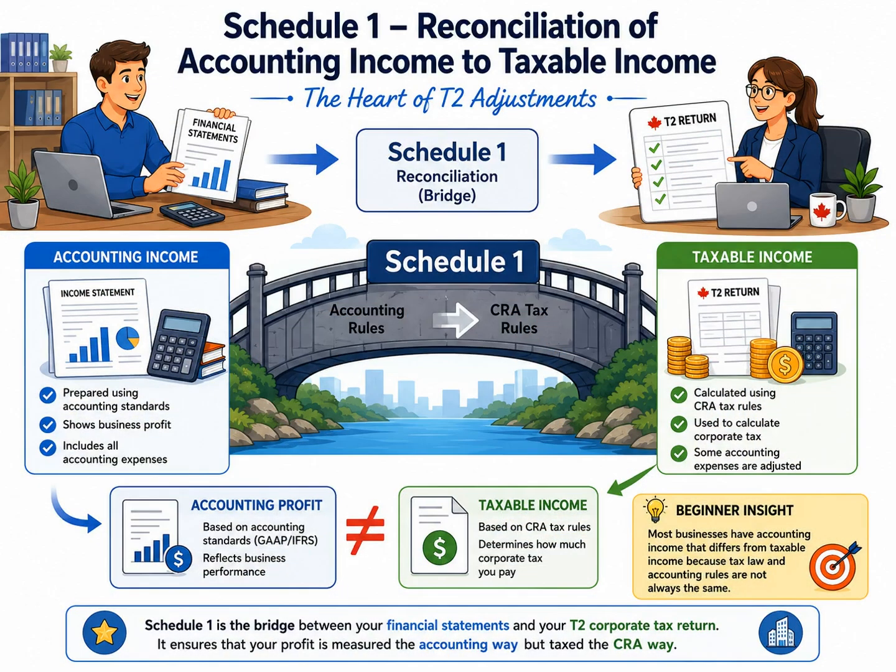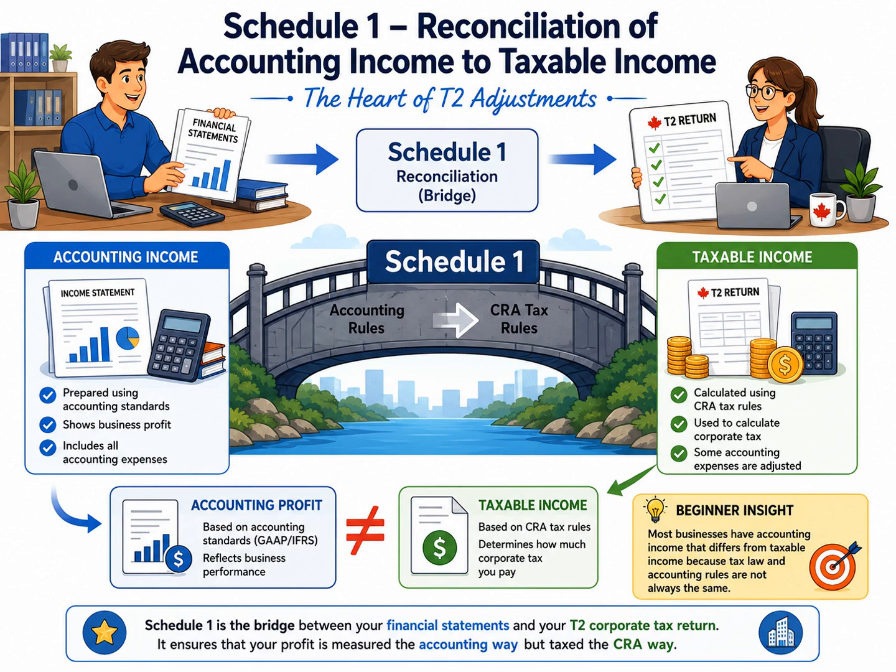Schedule 1 is one of the most important schedules in a T2 corporate tax return because it acts as the bridge between accounting income and taxable income. Every business prepares financial statements using accounting standards to measure its financial performance. These statements calculate the company's accounting profit, which reflects how the business performed during the year.